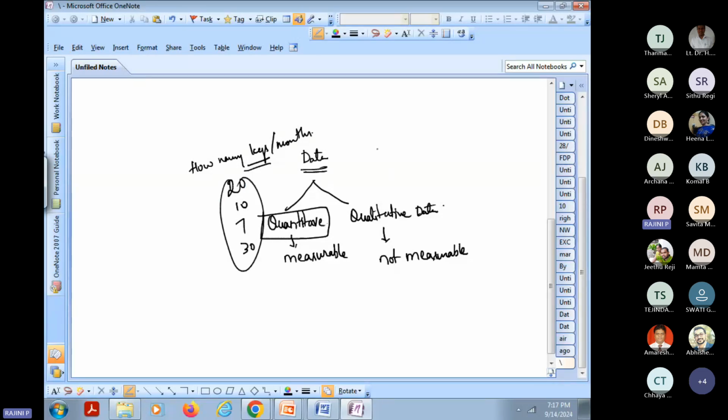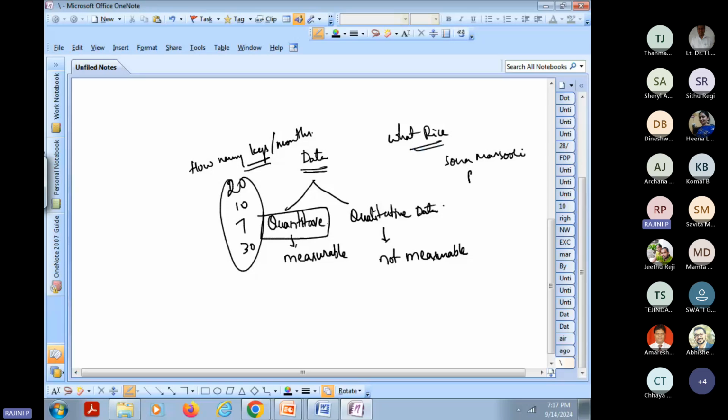And suppose here I'm asking what rice you are using. For example, you will be having sona masuri, and next one boiled rice. Like that there will be so many different kinds of rice, right? So in that case, what quality you are using cannot be measured, that can be understood, that can be observed.